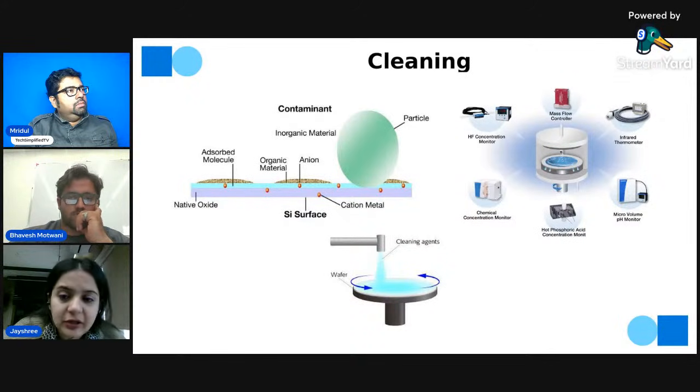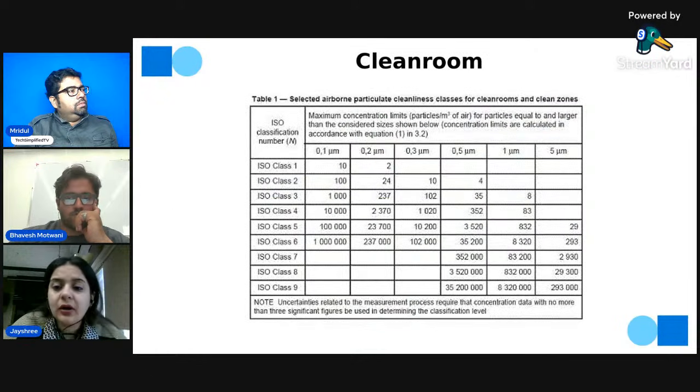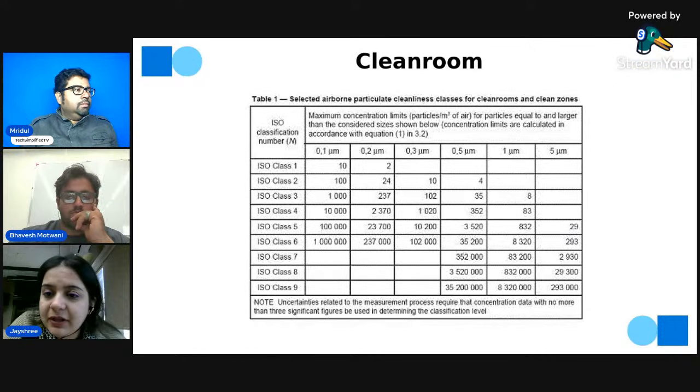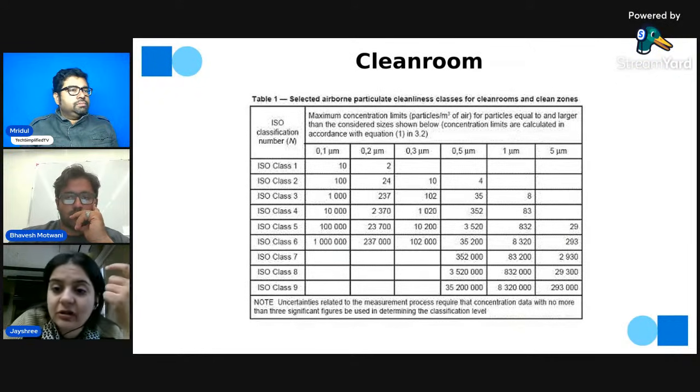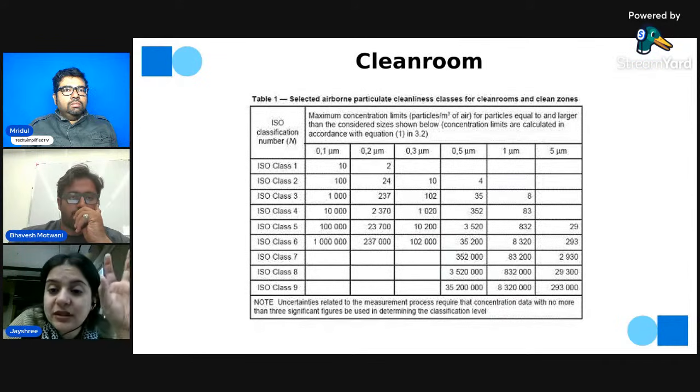And now let's go to clean rooms. So basically, what is a clean room? As you can see in this image, there are multiple particle cleanliness classes. This is the ISO. So basically, what is ISO?